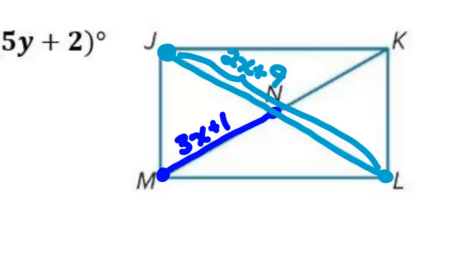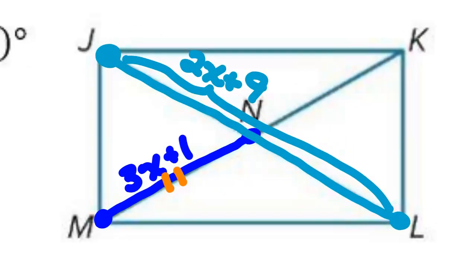Yes, the 2 diagonals are congruent, so when they bisect each other, it cuts it into 4 equal little parts. That X inside the rectangle is 4 little equal segments. So MN is congruent to NK, is congruent to JN, is congruent to NL.